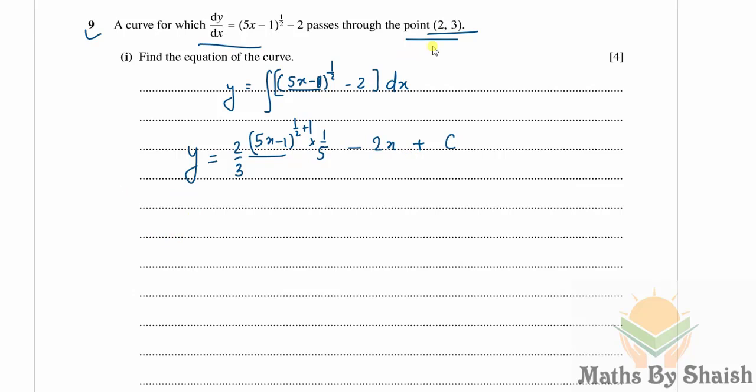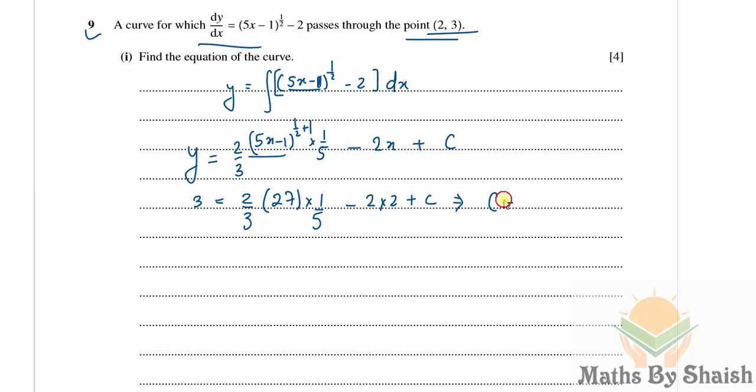So we will put 2 and 3 in place of x and y respectively, and we will get 3 is equal to 2 over 3 times, it is 5 into 2 is 10 minus 1 is 9, raised to the power 1 by 2 is going to be 3, and 3 cube is going to be 27, into 1 upon 5, minus 2 into 2, plus c. So we can see it is minus 4 here, on the other side it would be plus 4, so it is 7.